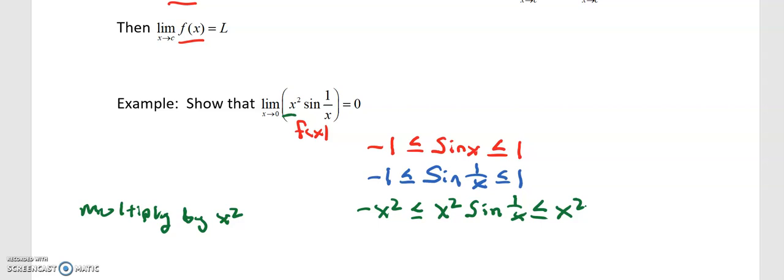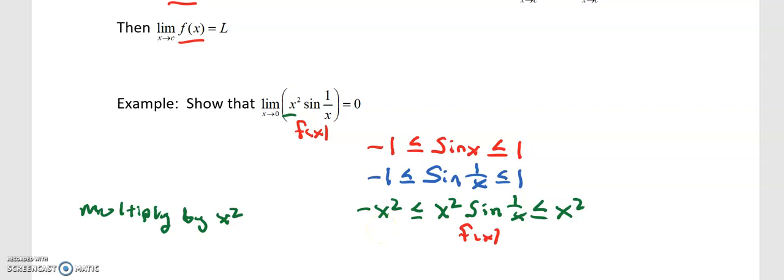All right, so actually, if you look at what's going on here now, and let me go back to this red, that's f of x. And so I have inside this inequality, and I have managed to squeeze that function between negative x squared and x squared.